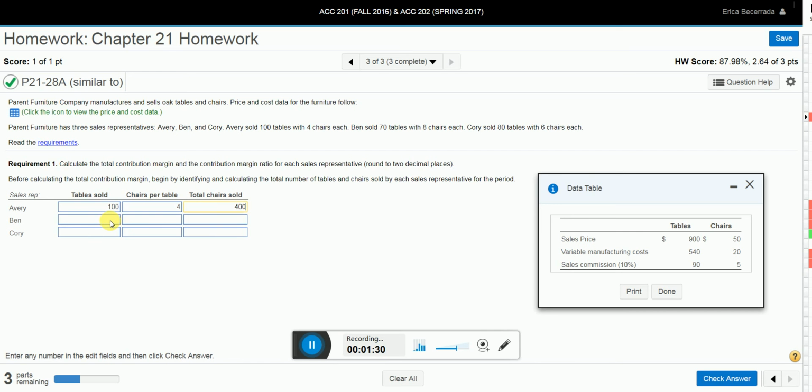And then we're going to do the same thing for Ben. We know that Ben sold 70 tables and 8 chairs each. So we're going to multiply 70 times 8, and we're going to put his total chairs sold right there. And do the same for Corey. Corey sold 80 tables and 6 chairs each. So he sold a total of 480 chairs.